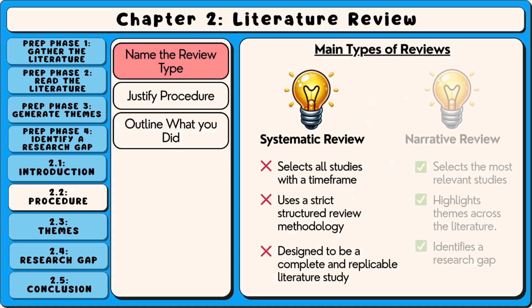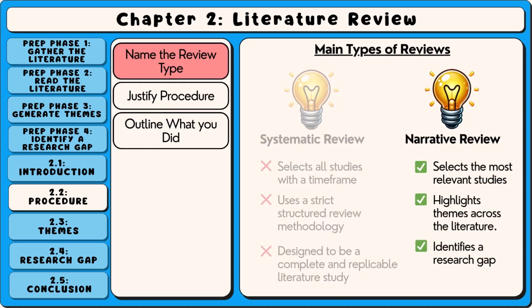The other major type of literature review is the systematic review. A systematic review selects all relevant studies within a time frame, uses a strict structured methodology, and is designed to be replicable. By contrast, a narrative review exclusively selects the most relevant studies to your specific topic.